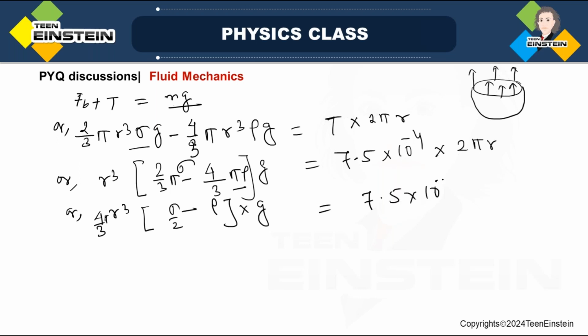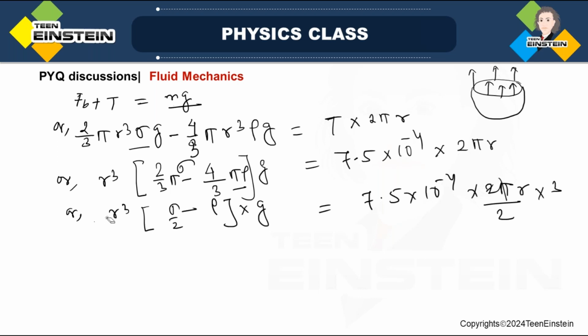So this is actually equal to 10 to the power minus 4 into 2 pi small r. So here you look, this pi I can cancel out. Okay, so this 4 can cancel. Then it will be 2 over here and 3 in the numerator.